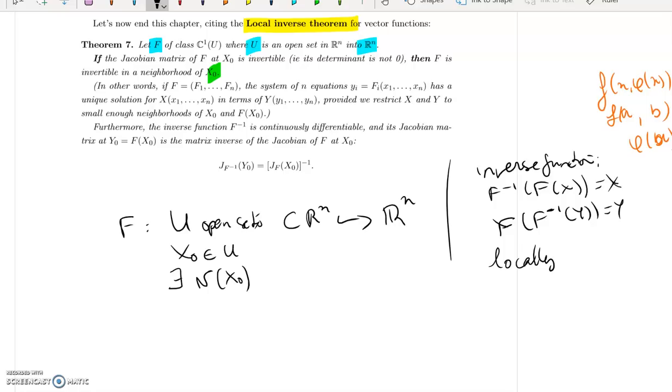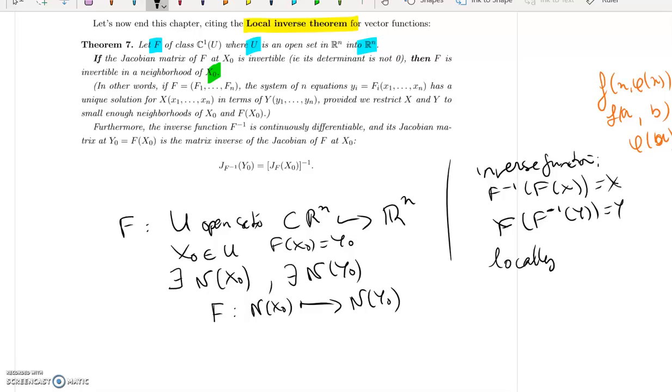So there exists a neighborhood of x0, and there exists a neighborhood around y0, where f of x0 is equal to y0. If f takes this neighborhood around x0 to the neighborhood around y0, there exists a function f minus 1 that goes from the neighborhood of y0 to the neighborhood of x0, and that would be the local inverse.